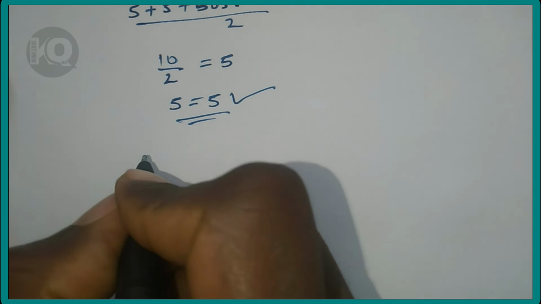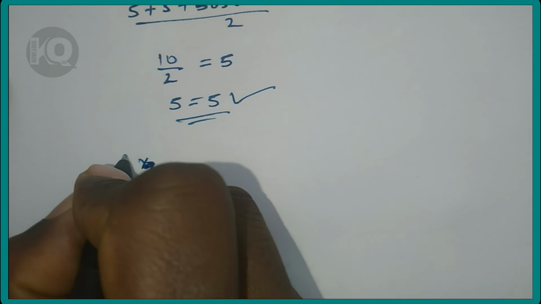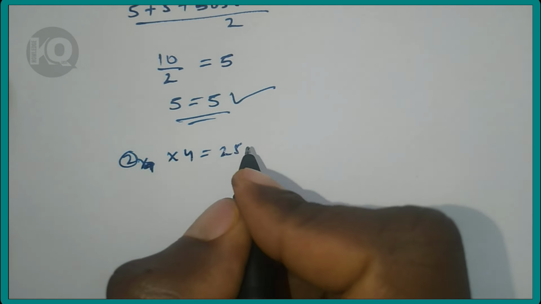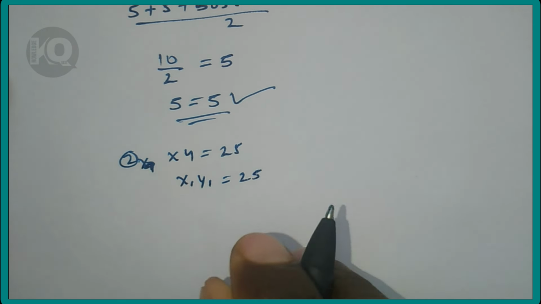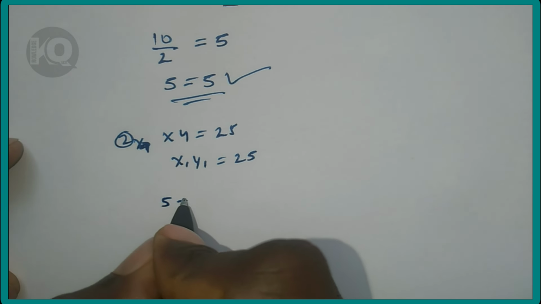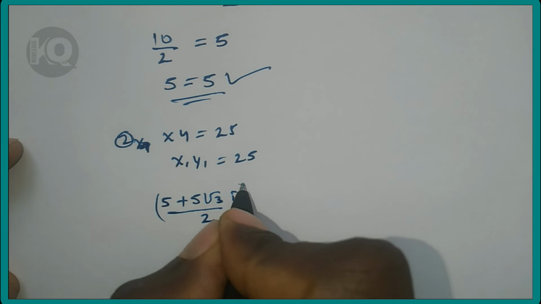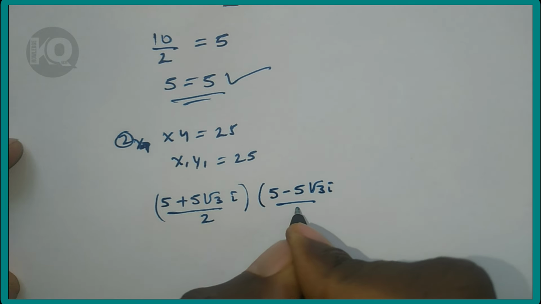And then from equation 2, xy is equal to 25. So we are using x1 and y1, so x1 times y1 should be equal to 25. Let's substitute the values of x1, y1. So (5 plus 5 root 3 i) over 2 times (5 minus 5 root 3 i) over 2 should be equal to 25.